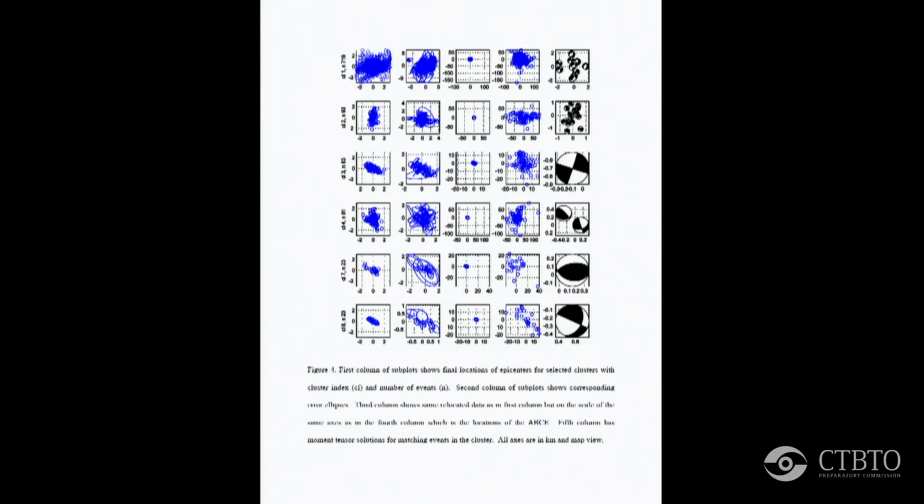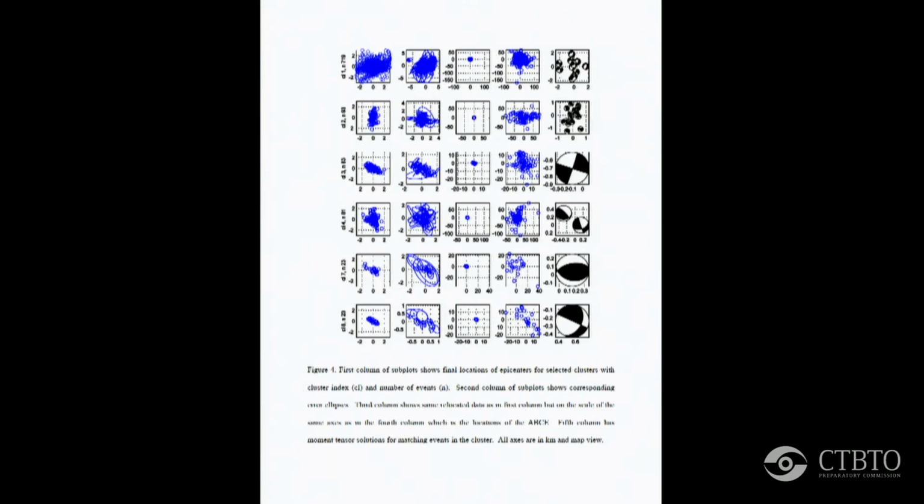The next column is the same relocation, but now with an expanded spatial scale, so it spreads only over plus or minus 2 kilometers. And then this is a column about confidence ellipses, which I don't have time to go into. And on the far right are shown some of the global moment tensor solutions giving the focal mechanism for events in the cluster.